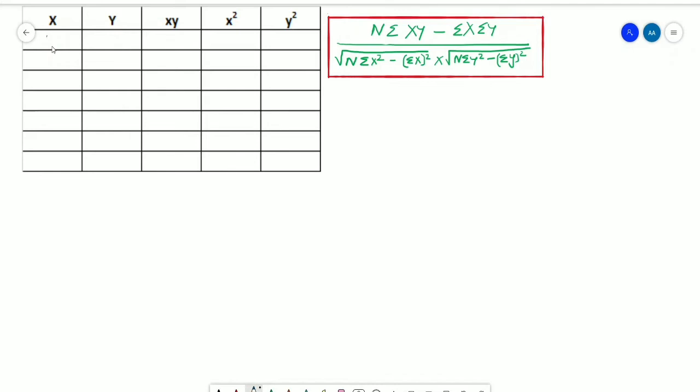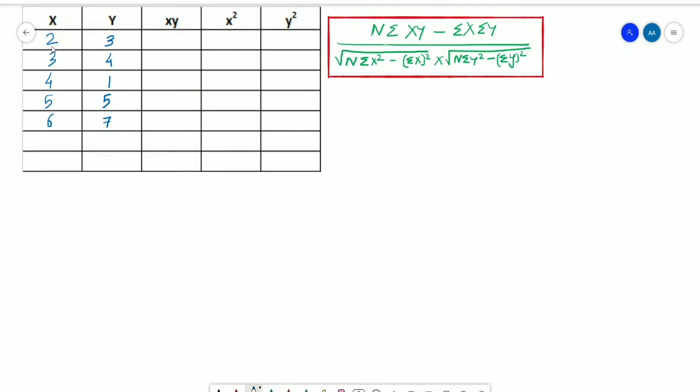First it is 2, then 3, then 4, 5 and 6. These are the values of x. Now let us put in the values of y: 3, 4, 1, 5 and 7.